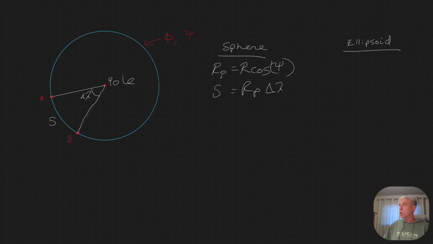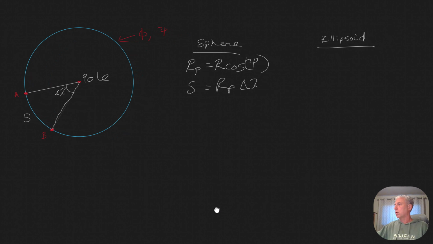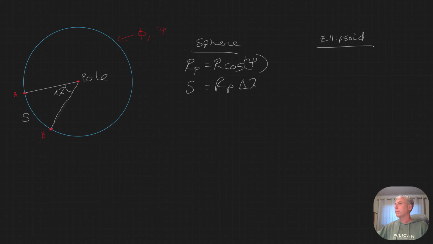On the ellipsoid, we would expect it to be very similar, wouldn't we, since we have a circle in both cases? Well, we do.